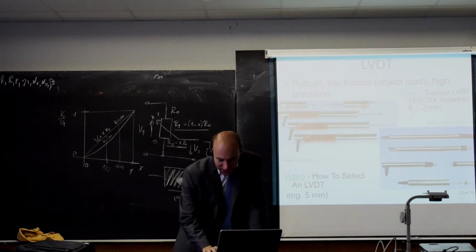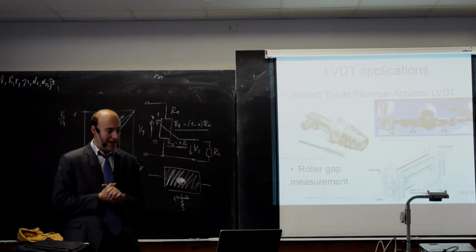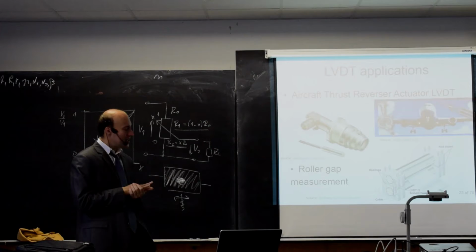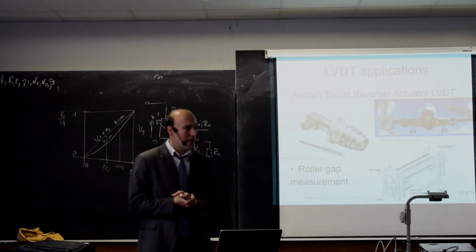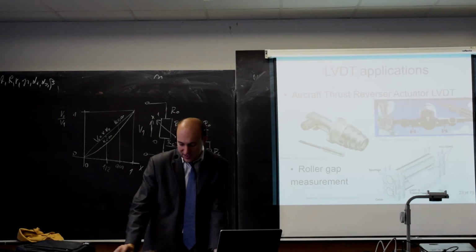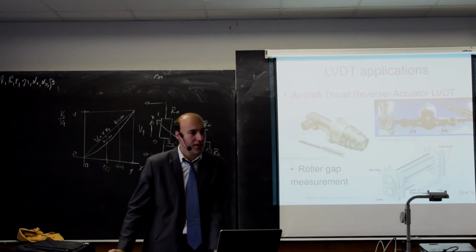I have selected only two applications just to demonstrate how this is used. LVDTs are used in aerospace, and one application where this is used is to sense the position of a thrust reverser in the airplane.